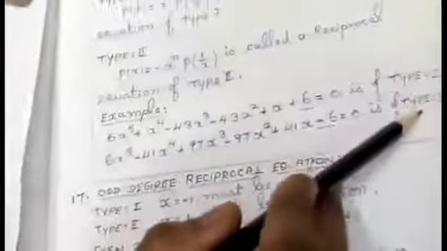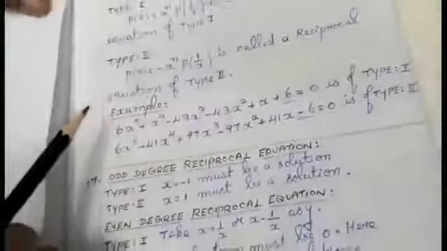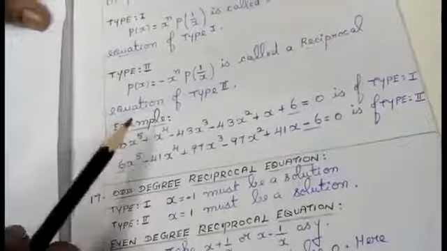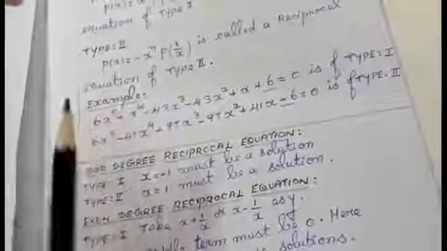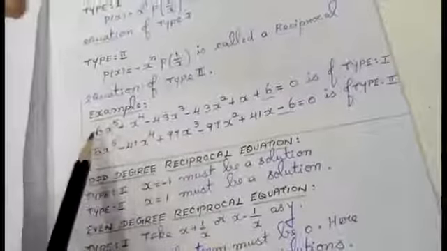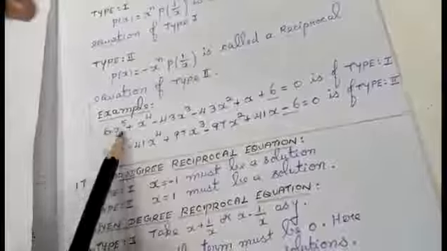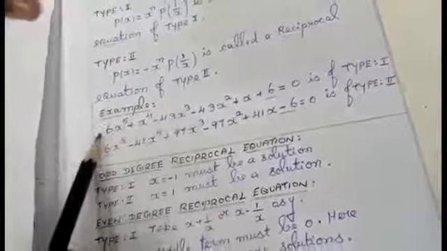The main part I am going to teach you is, I am going to first make you clear what is the meaning of type 1 and type 2 in your reciprocal equation. You are going to take your book and go through that particular part, reciprocal equation. Just see the example, students. Starting from 6x to the power 5, that is not important. Just see the number 6.